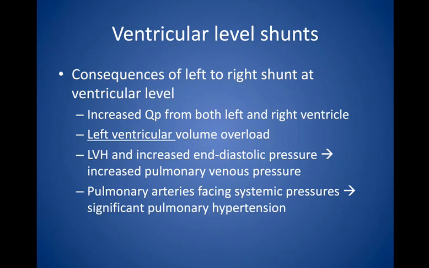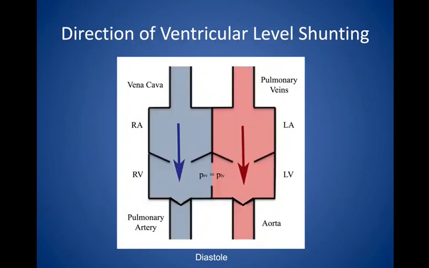So you see left atrial dilation, you see left ventricular volume overload and dilation as well. As this increases, you have LVH, you have the end diastolic pressure that increases. You have worsened LVEDP. This will increase your pulmonary venous pressure. Again, with that, as well as with the increased QP, you have multiple reasons why you could see both pulmonary arterial as well as pulmonary venous hypertension.